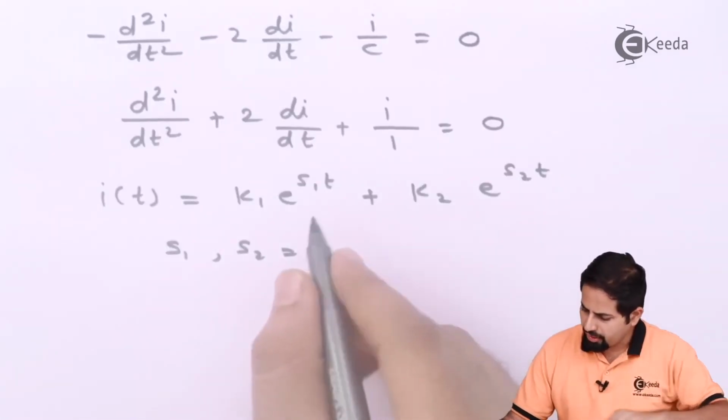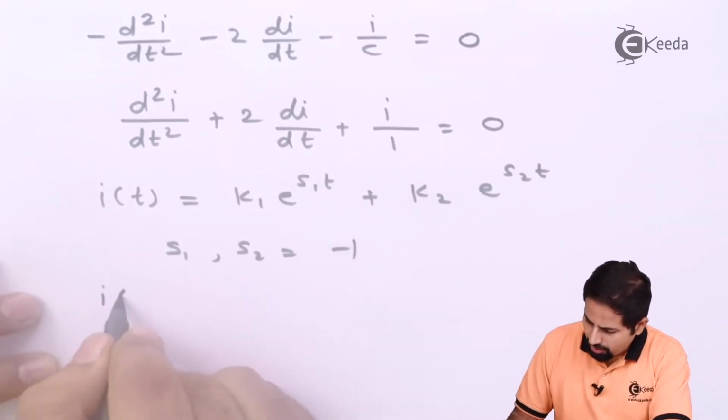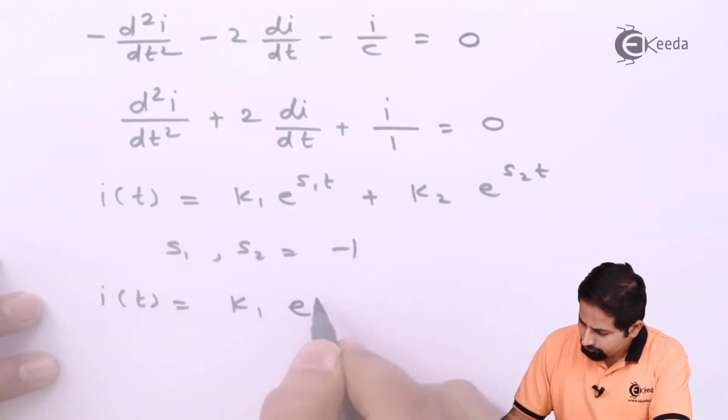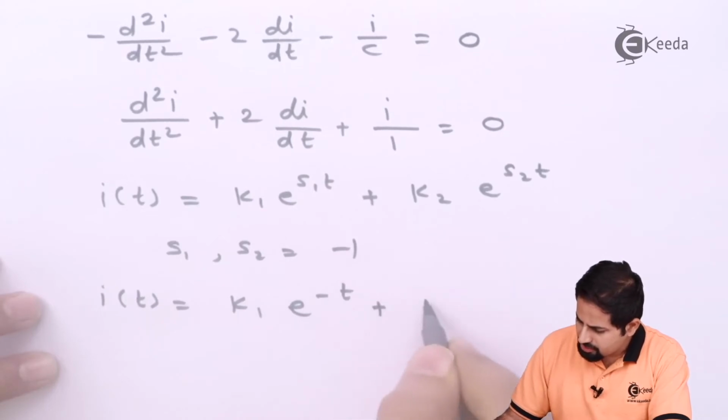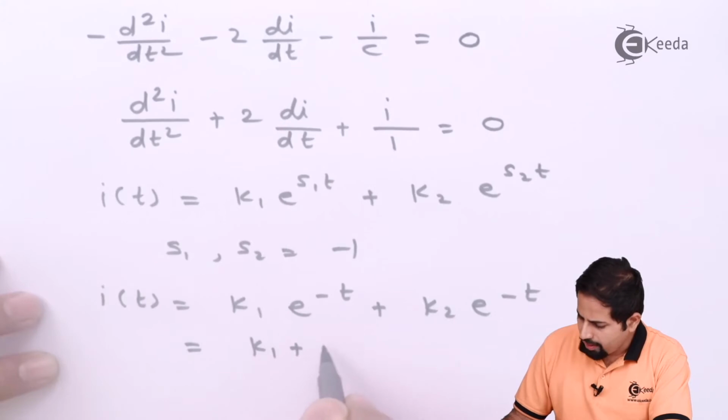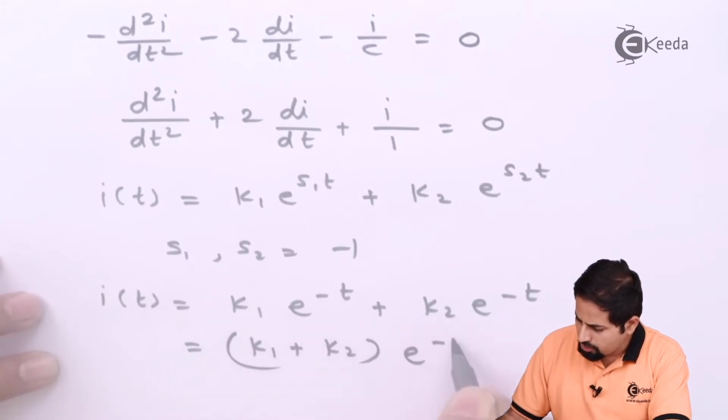If you substitute it here, i of t becomes k1 e raised to minus t plus k2 e raised to minus t, which becomes k1 plus k2 into e raised to minus t.